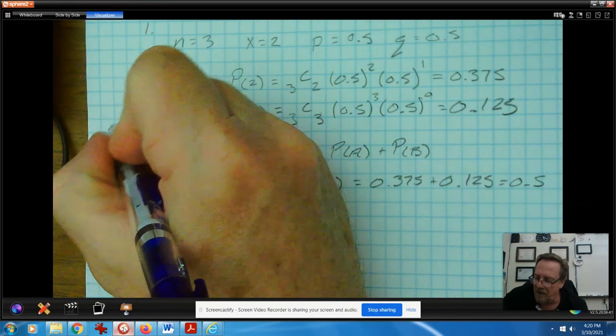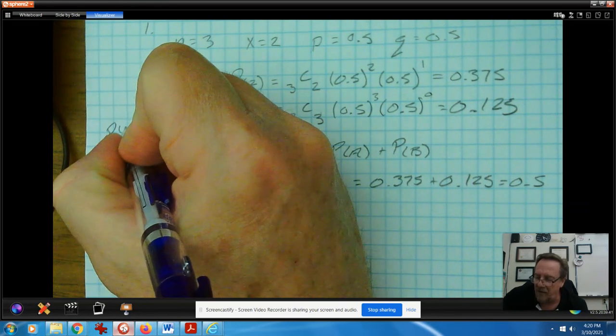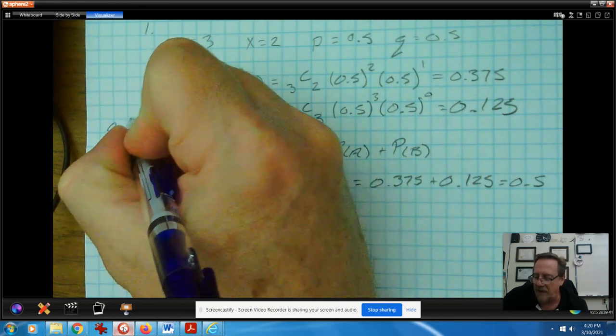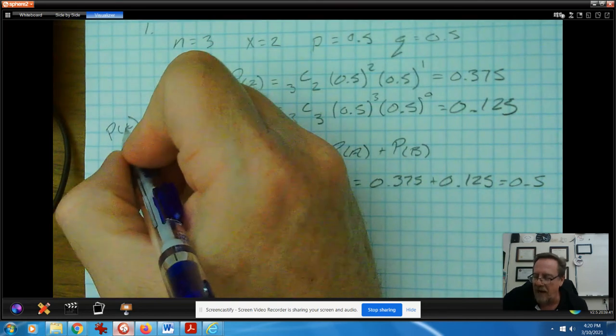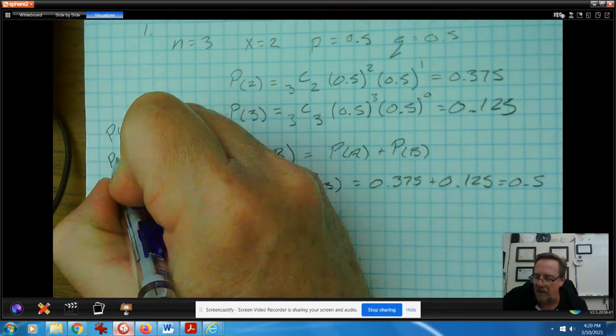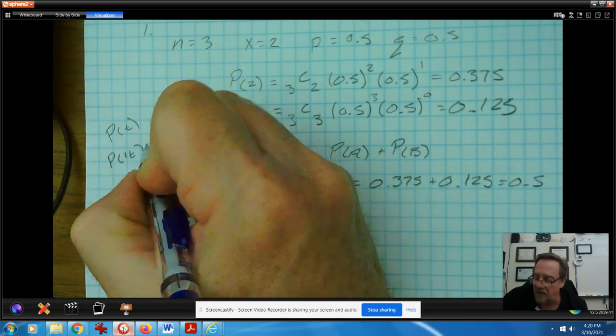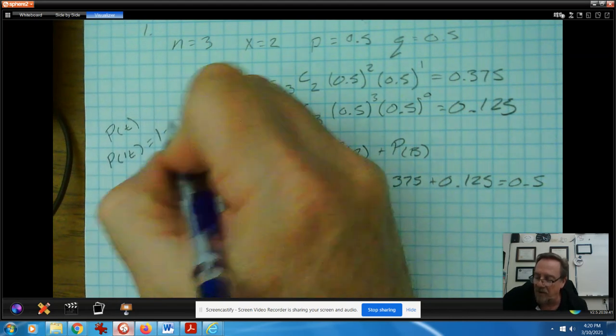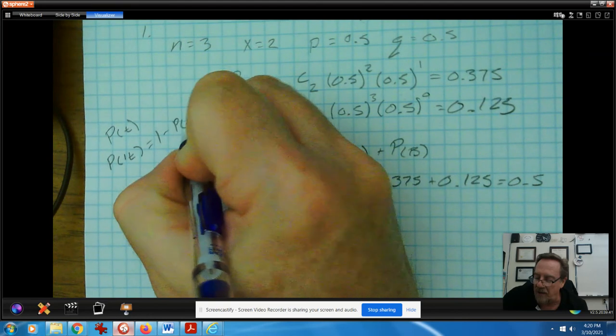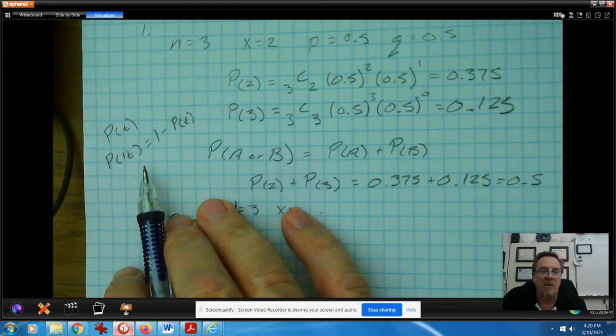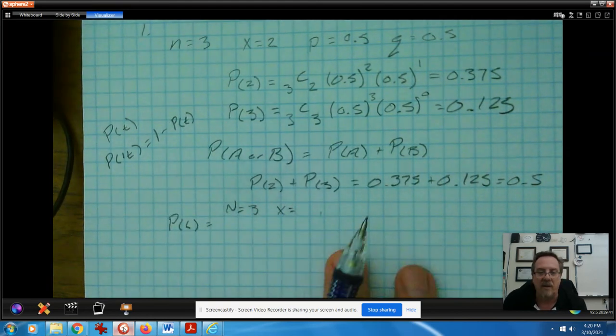If we know the probability of what we want, the probability of t, then the probability of not t would be 1 minus the probability that it's t. We should know that by now.